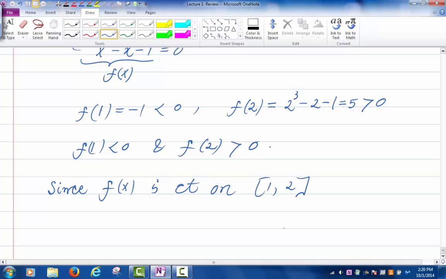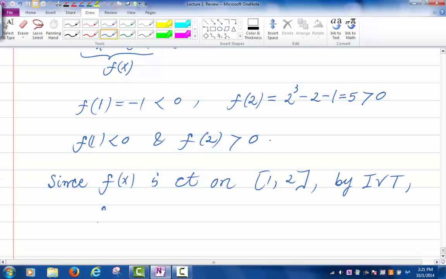In fact, this function is continuous everywhere, but in particular it's continuous between 1 and 2. By the intermediate value theorem, f of c is 0 for some c. Where?